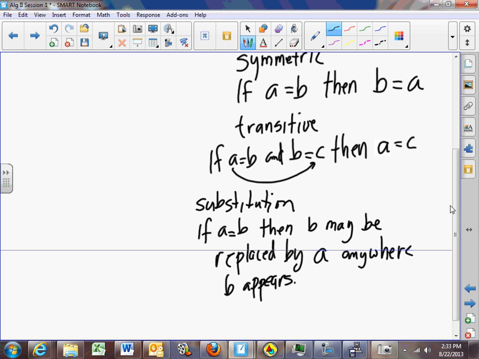It's pretty easy to get the transitive property out of that, but as you can see, the substitution principle is a little bit stronger.